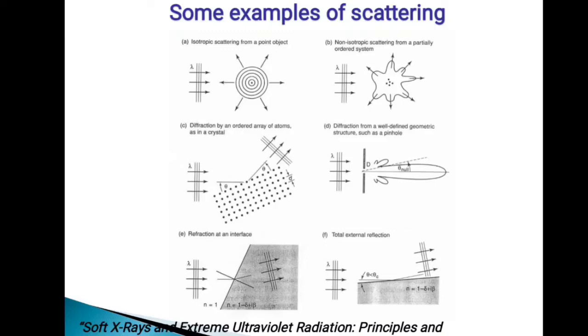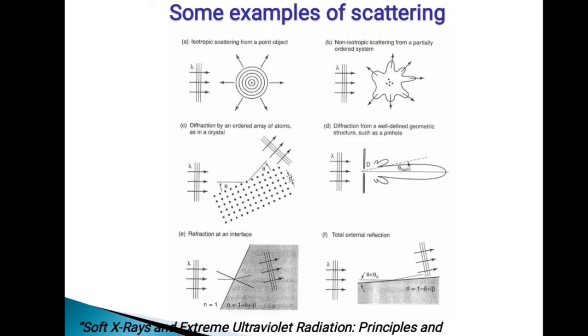In refraction at an interface, during penetration, n is equal to 1 for the incident, and the refraction, which means scattering, is 1 minus delta plus i beta.